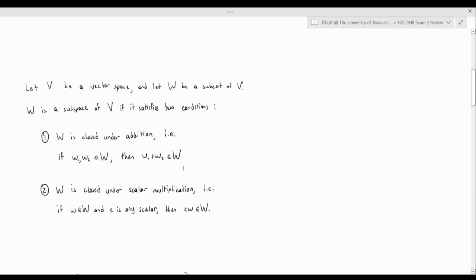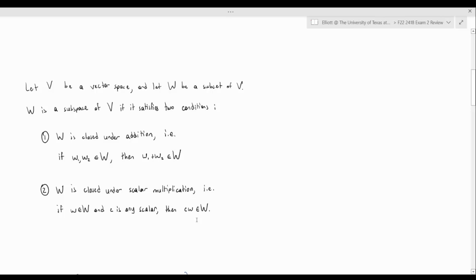And then you also have to be closed under scalar multiplication. What it means is that if you take any element of your set, and then you take any scalar, that scalar multiple of your element has to be in your set again.